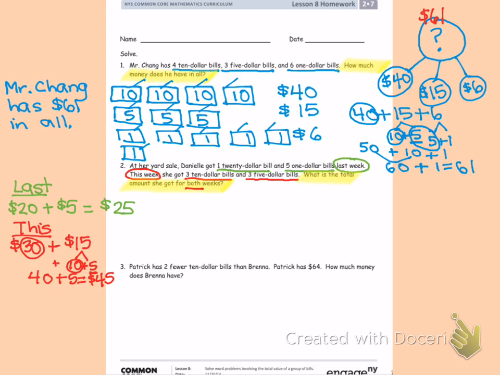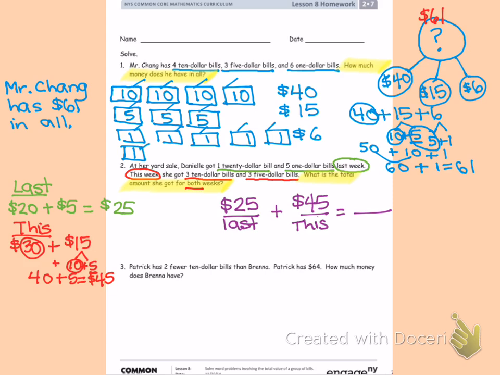In order to figure out the total she got for both weeks, I better add those two amounts together. $25 for last week plus $45 for this week equals the total. So 25 plus 45.